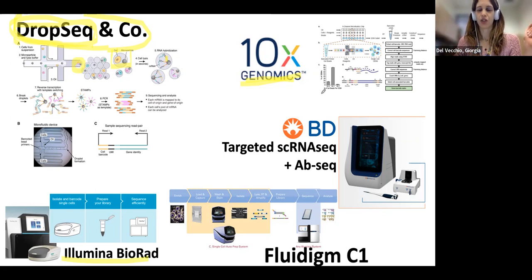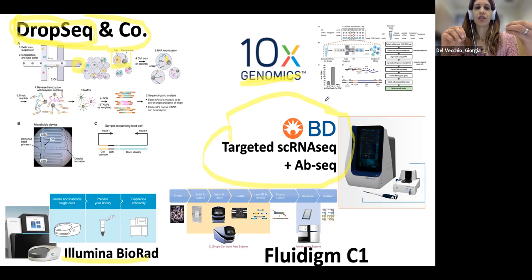Same for 10x Genomics. BD uses a different approach. It's not microvesicles. BD has a cartridge support, like a slide with micro wells, and each micro well can allocate just one microparticle with adapters and one cell.